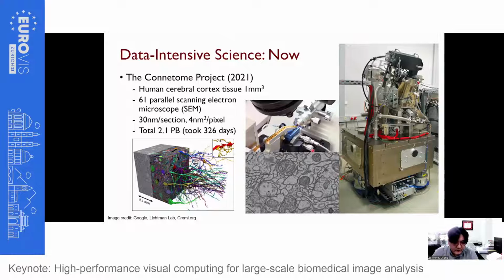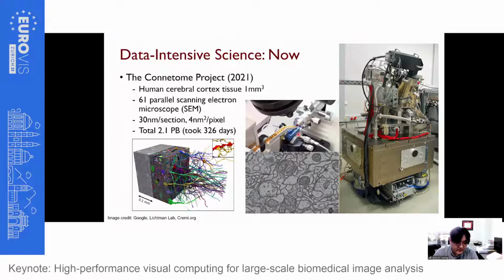Also, this has become quite common these days, they use a fully automatic cutting machine, the so-called ATUM, with an automatic tape, so they can cut the tissue 24 hours a day in an automatic way, put it on this very thin strip, and image it automatically.